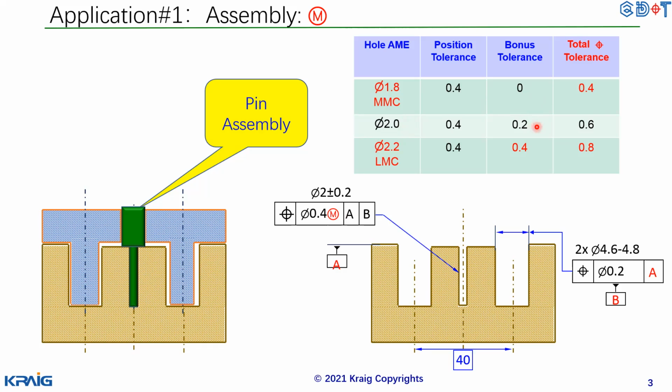It's 0.2, and when we add them together, we get 0.6. Next, if the hole size is the biggest one, 2.2, then it's much easier for assembly, so we have maximum bonus here. The total position will be 0.8. So that's the function of this MMC modifier.